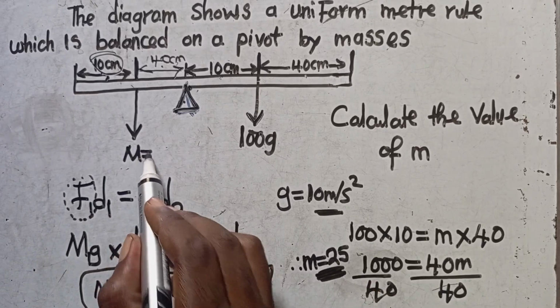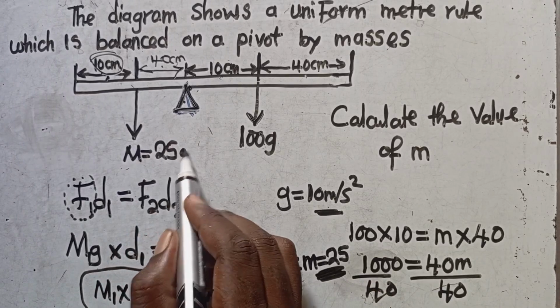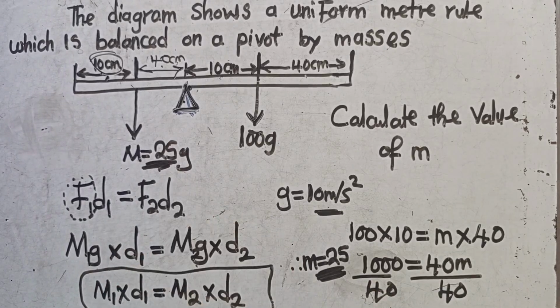Meaning that this one here is 25 grams as my answer. So this is what I need to do to answer questions that come in an exam under this part. So I've shown you ways to answer questions.